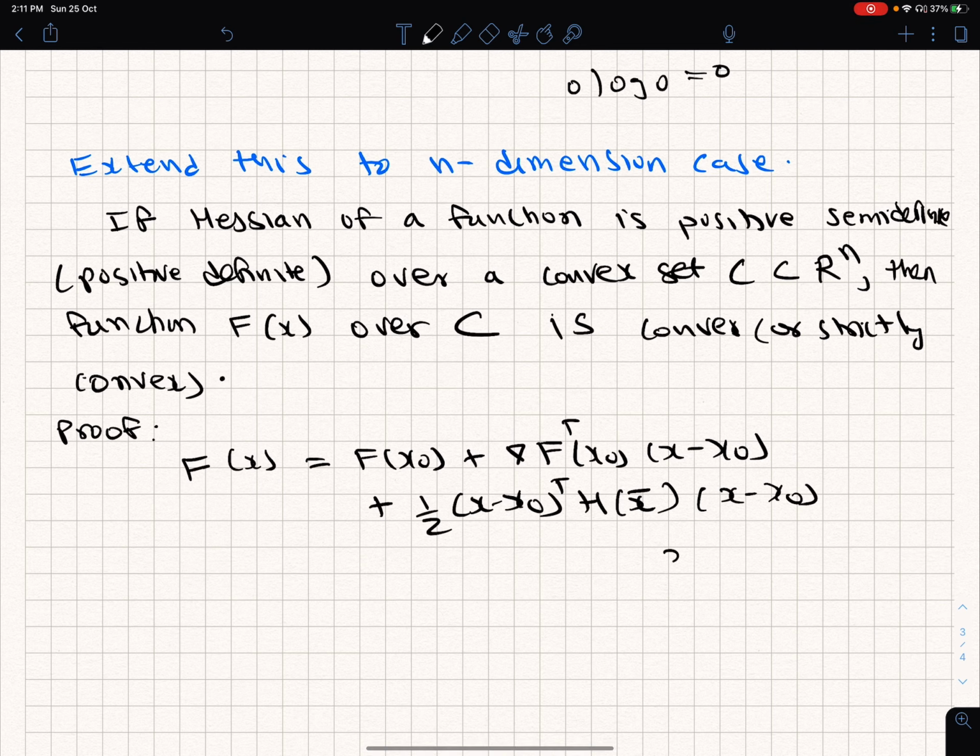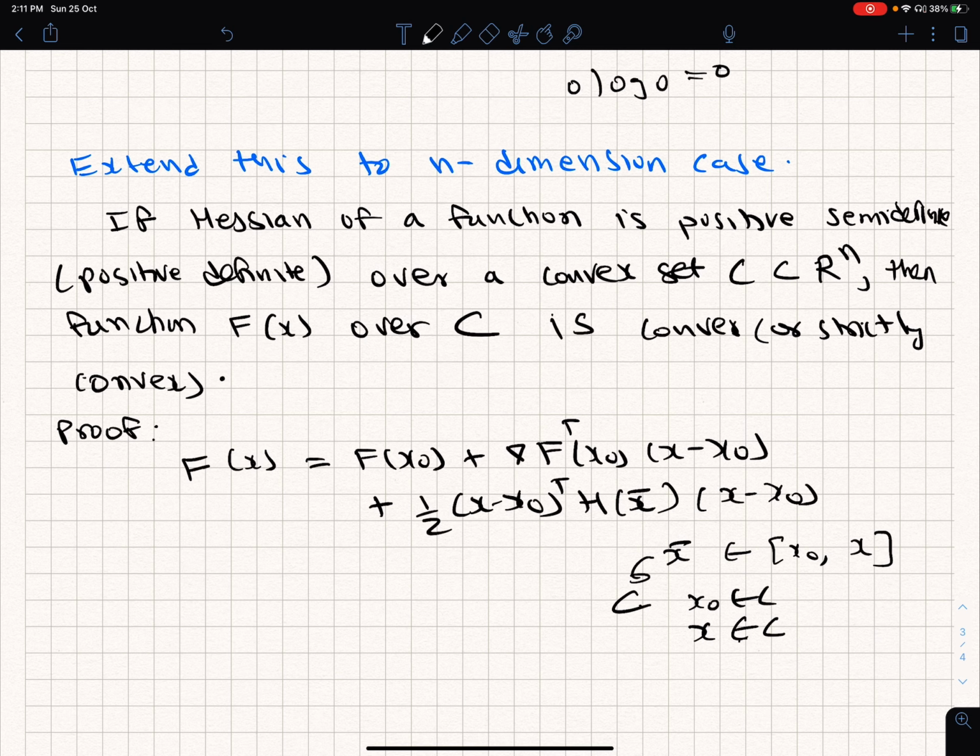Since x bar is a point on the line joining x0 and x somewhere, though I don't know where, and because x0 and x are both chosen from C, x bar is also in C.